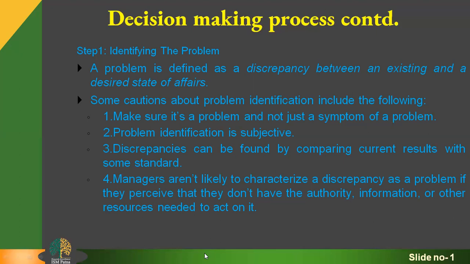We should keep problem identification subjective. That means the process of identification will decide whether it is a problem or not. So there should not be any prior bias or prejudice in declaring a happening or phenomenon as a problem. Discrepancies can be found by comparing the current result with some standard.